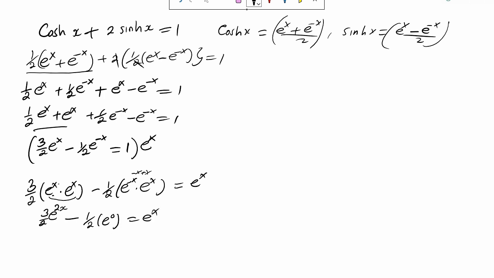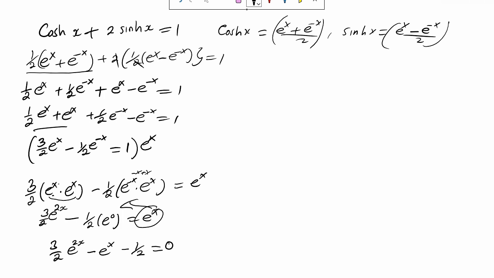Now I want to bring this e raised to x to the left hand side, and I shall have 3 over 2 e raised to 2x minus e raised to x minus a half, because e raised to 0 is actually 1, and this equals 0.